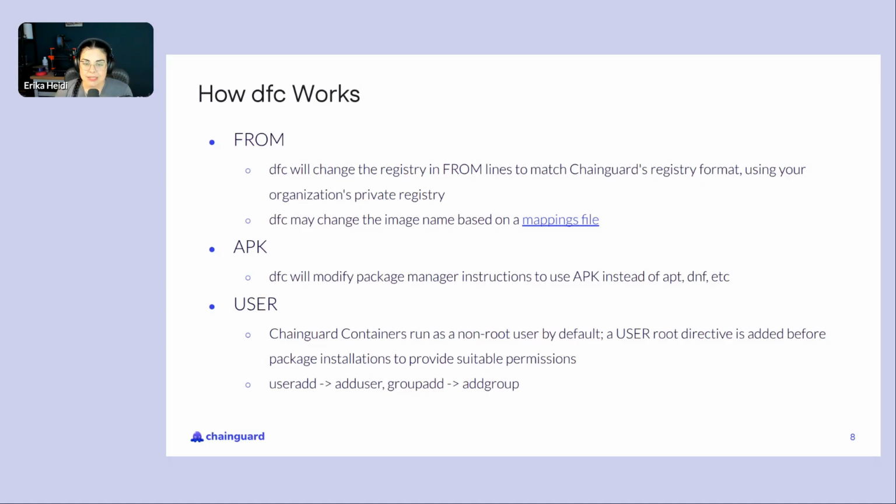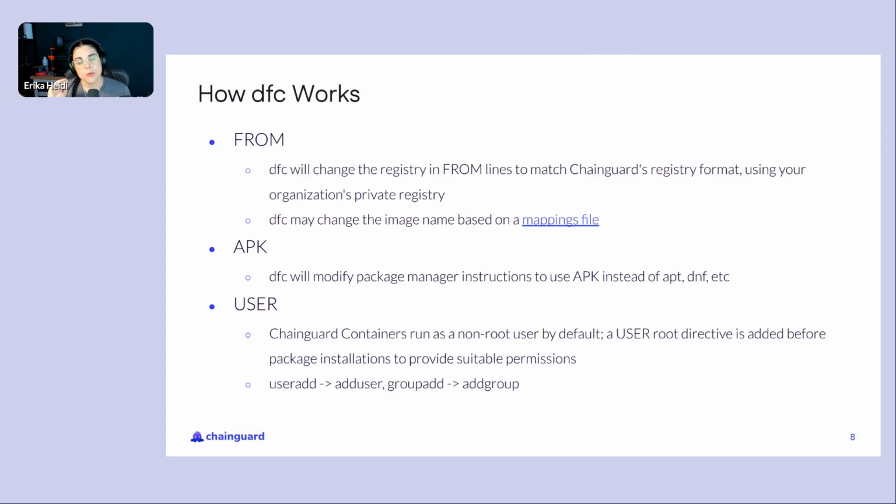And there are also the user settings, let's say the configuration, the user changes. Chainguard containers run as a non-root user by default. That is to make it more secure, because then the user has fewer privileges, and that's very important.